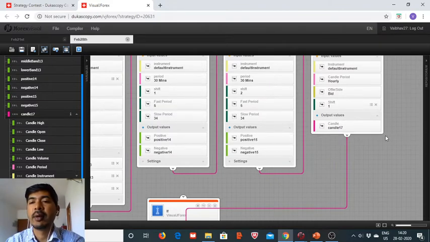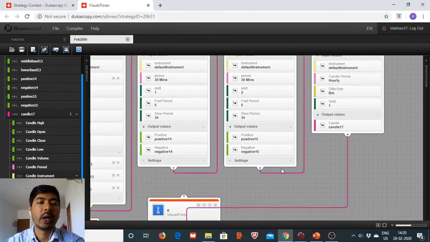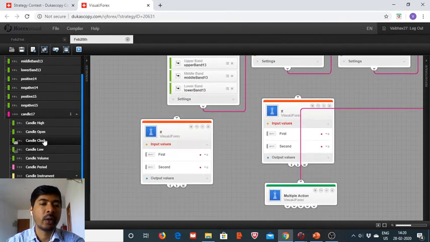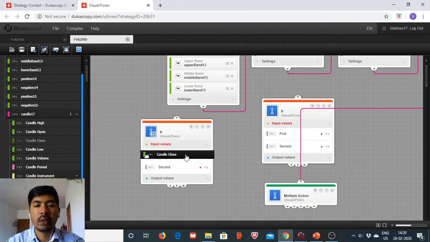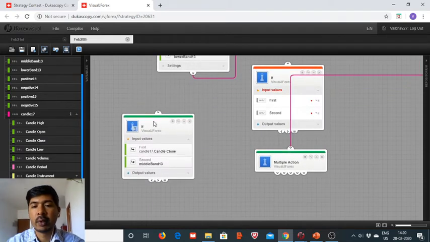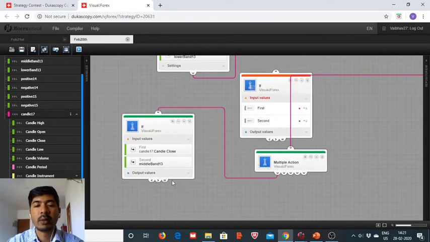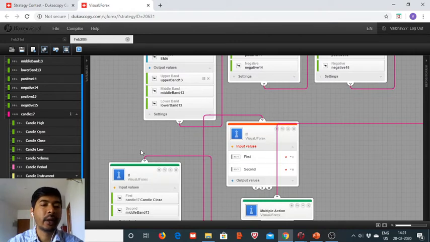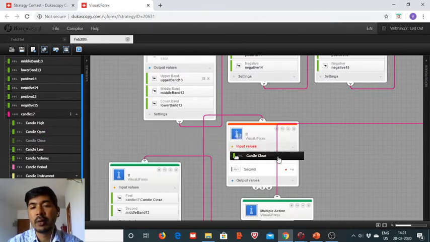So here there is the candle 17, we have defined it at hourly, and shift period is 1, that means 1 hour back, and we see to it that this candle close is above the middle band. So we get it here, we connect it to this side, and then we make sure that the candle close is greater than the middle band, and then the candle close should also be less than the upper band.